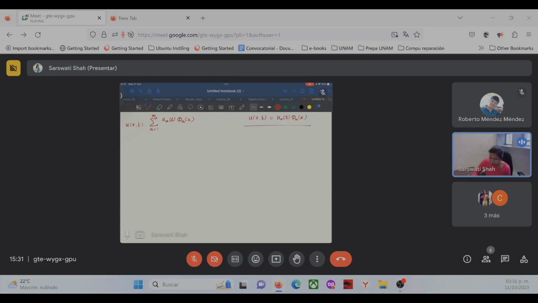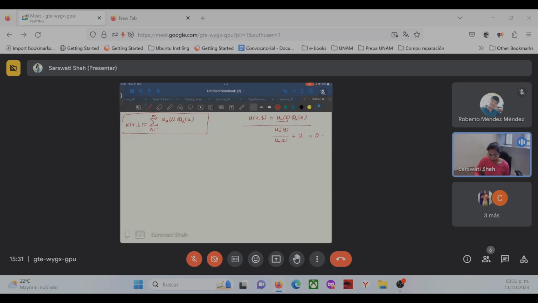This is the separation of variables. If we write the equation for this, it is going to be u_n''(t) over u_n(t) plus lambda equals 0. So we can take the derivative of this series, because we are assuming that it is a convergent series.